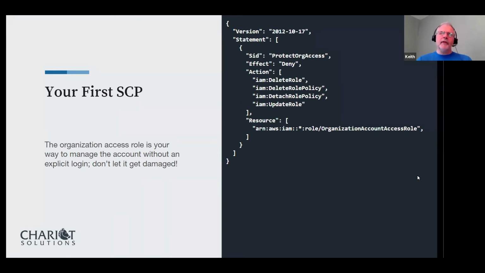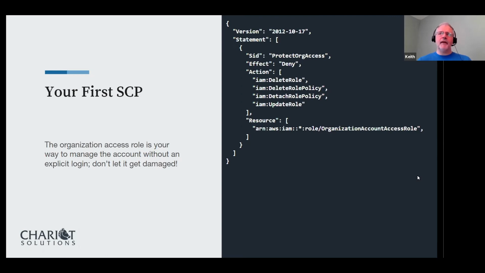Now, a really key difference between service control policies and IAM policies is the use of wildcards. In an IAM policy, you almost never want to have a wildcard because a wildcard says that that IAM policy is going to have very broad-ranging effects. With service control policies, it's the exact opposite. I could list all of my accounts here and individually specify the ARN for the organization access role.